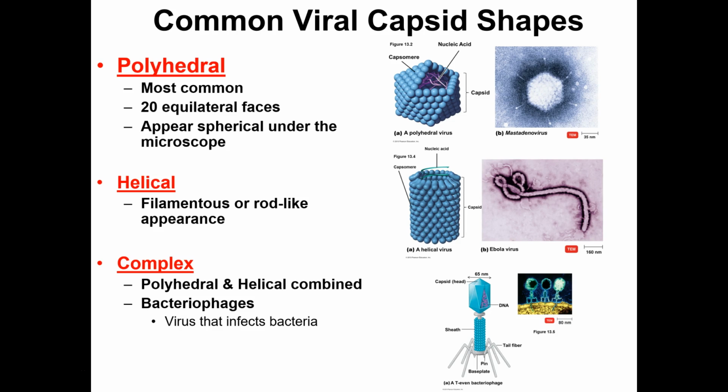You may or may not know what an icosahedron is, but if you've ever seen a 20-sided dice, depending on how much D&D you've played, they look like a 20-sided dice. That is polyhedral. That's an icosahedron. And you're thinking, wait, how can they have such a geometric shape? Take a look at that TEM image at the top. Looks exactly like an icosahedron. That is a polyhedral virus, and this is most animal viruses. So, 20 equilateral faces.